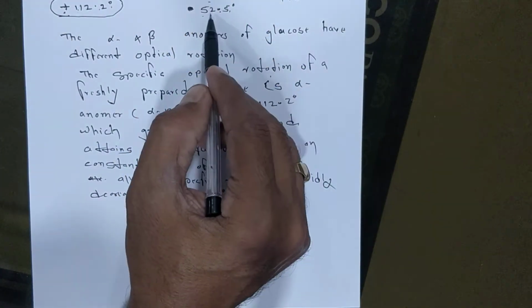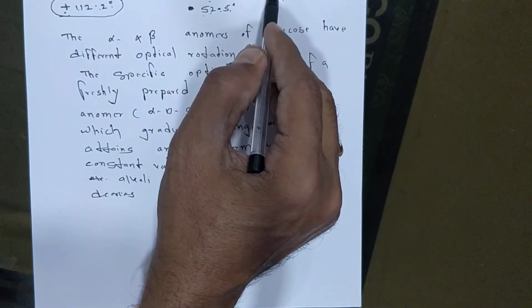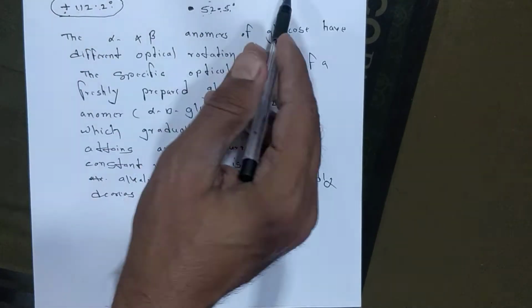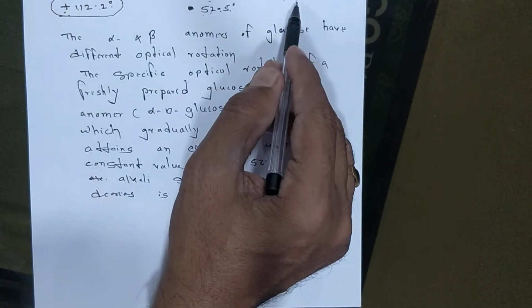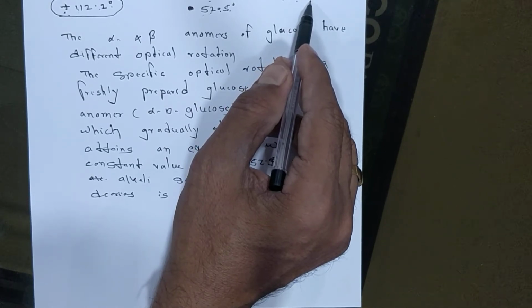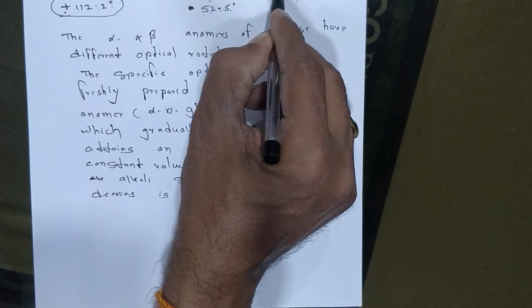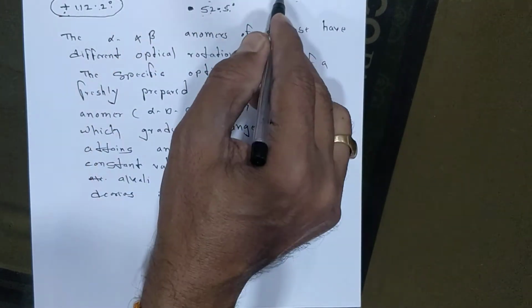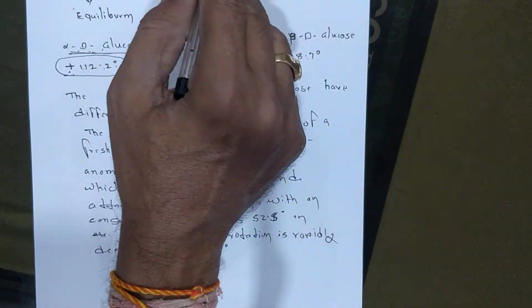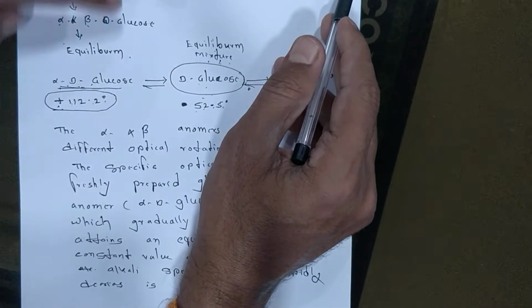D glucose shows 52.5 degree. In the presence of alkali, beta D anomer rapidly decreases the specific optical rotation as compared to the alpha, to 18.7. At equilibrium both should be constant. Just see the definition.